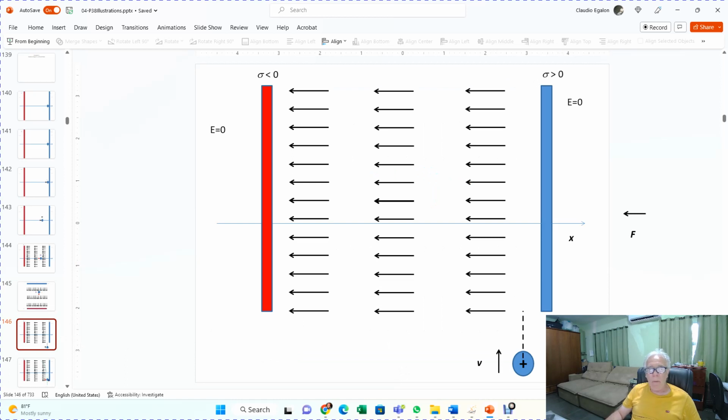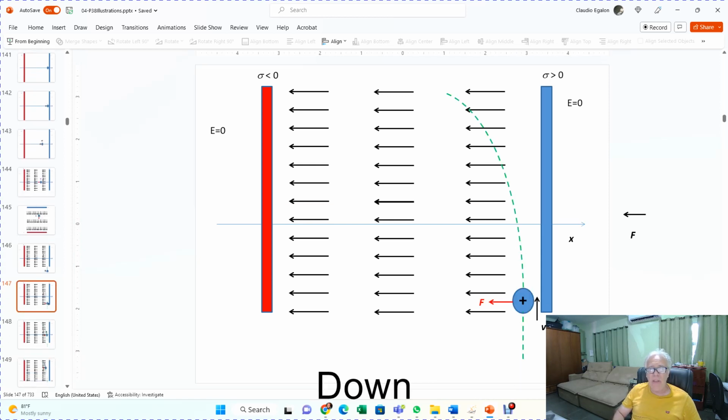Now, what I want to show you is what we get when the charge is not already within this volume, but we inject the charge with an initial velocity in this field. Okay? This situation would be analogous to that of a projectile motion. Why is that? Because the moment that this charge enters the electric field, it's going to feel a constant force towards the negative charge.